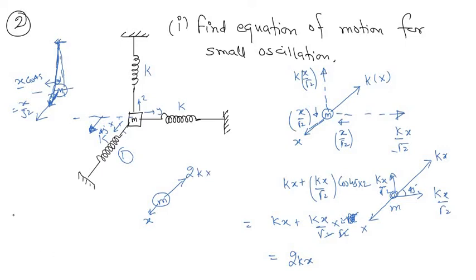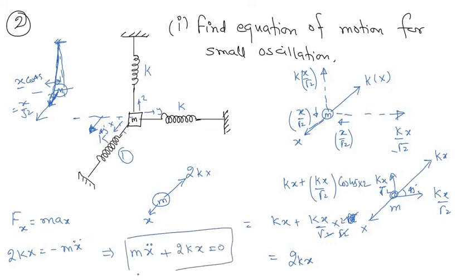So for the equation of motion, Fx is equal to max, Fx is equal to 2kx, and this is minus mx double dot, because the force is in one direction and the displacement is in the opposite direction. So the net equation of motion is mx double dot plus 2kx is equal to 0.